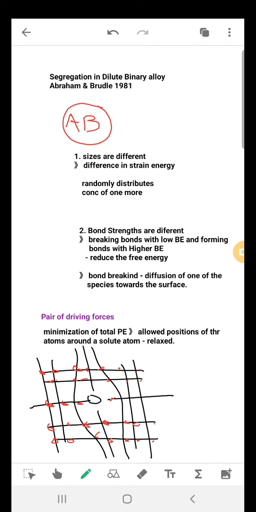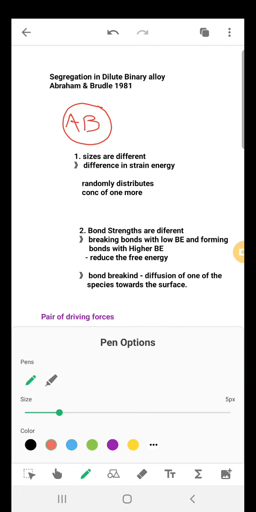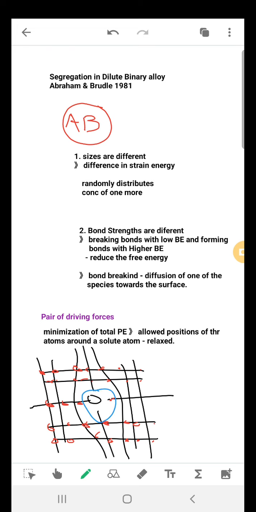If instead of the solute atom being in the bulk, it is at the surface, then a similar thing will take place, but with a different mechanism.